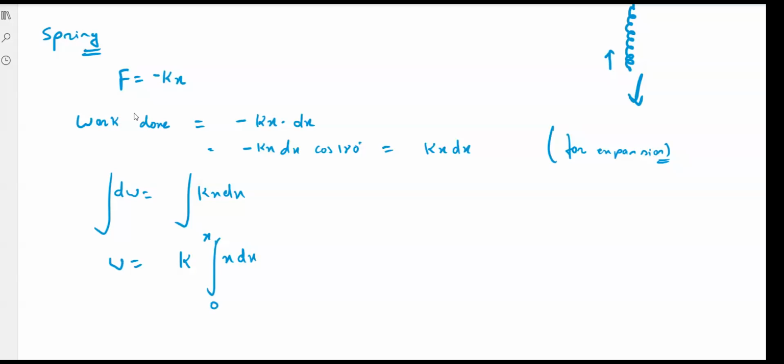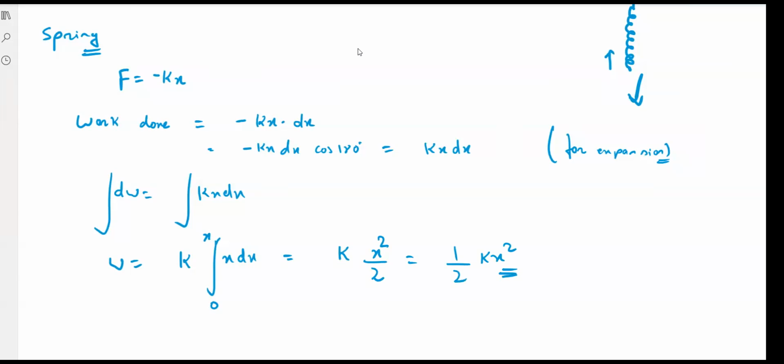So what is the integration of x, guys? Tell me what is the integration of x. x square by 2, very good, Dhruv, very good Jayita, very good everyone, very good Sutika. So it will be k into x square by 2, yes or no. So it is half kx square.